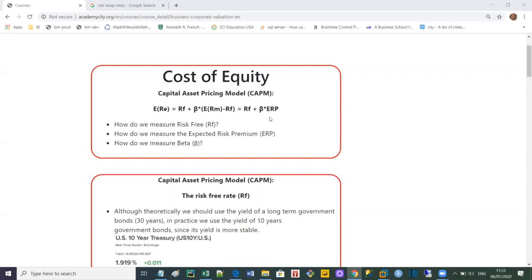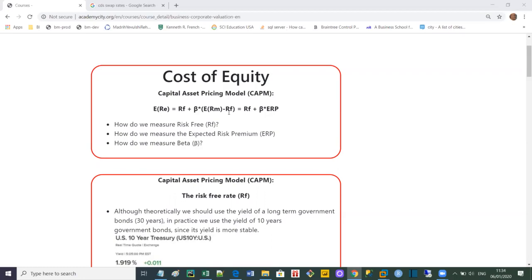Or we can say the three components are the risk-free, the beta, and the risk premium, when the risk premium is measured as the difference between the expected return on the market portfolio over the risk-free.